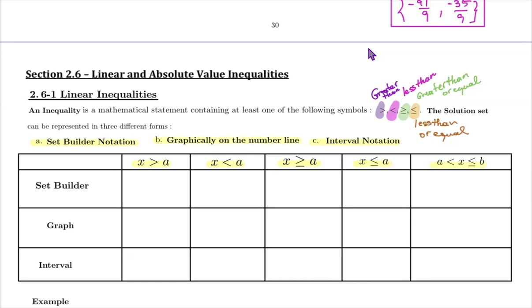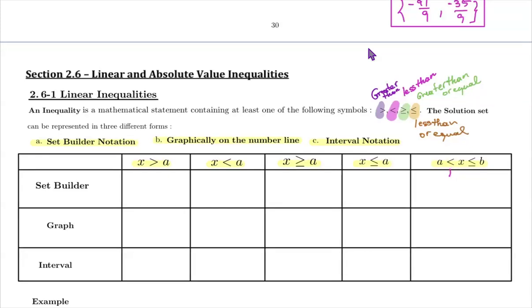But now we have to remember the value is included in the set of solution when you have the bar underneath of the inequality sign, and the value is not included when you don't have the bar.